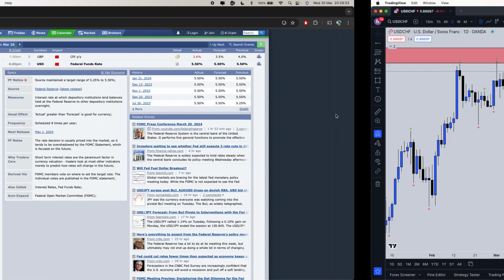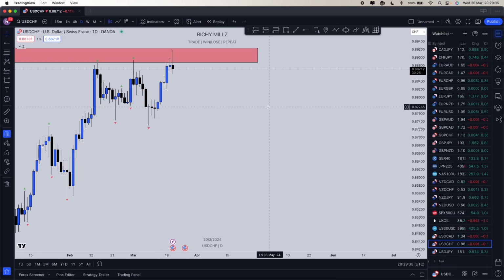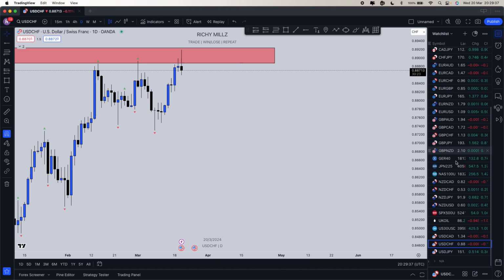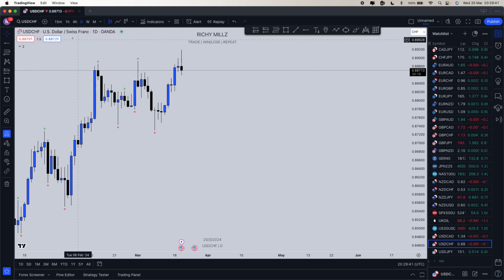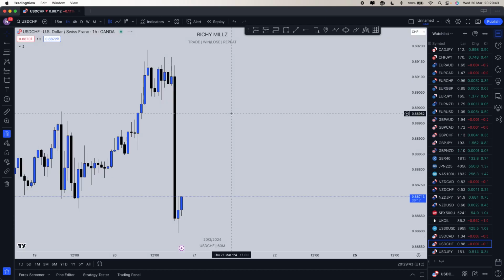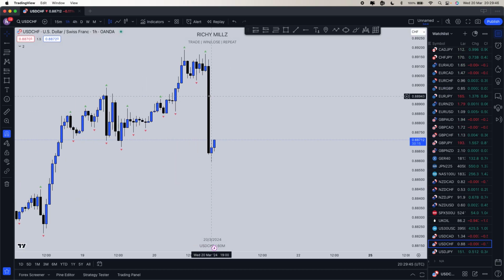So in this case, if I go to USD CHF, and go to the 1 hour, you'll see there is a massive drop exactly at the time of the news event. This is 6 o'clock. So if you look at the bottom of TradingView, it says 6 p.m. my time, right?